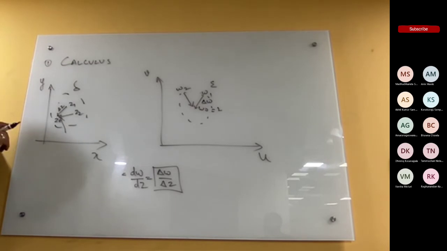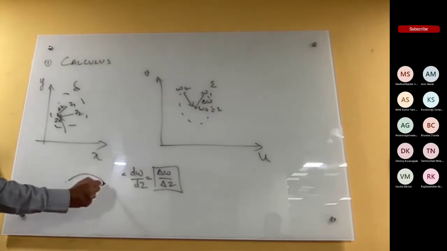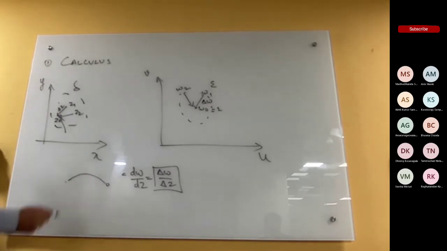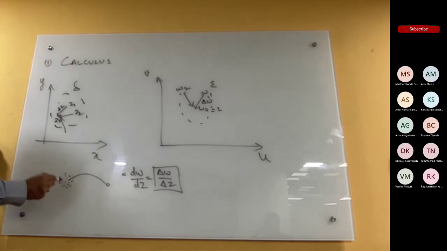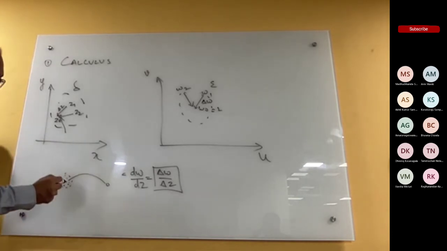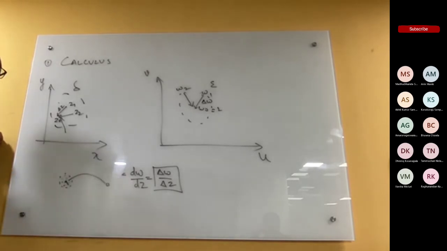Just think about it for 1 second. So you have a point here. This is mapping to another point here. Now you take any point here, whatever, and you start approaching the point. Then, as you are approaching this point from any direction, the value that comes out will be exactly same.